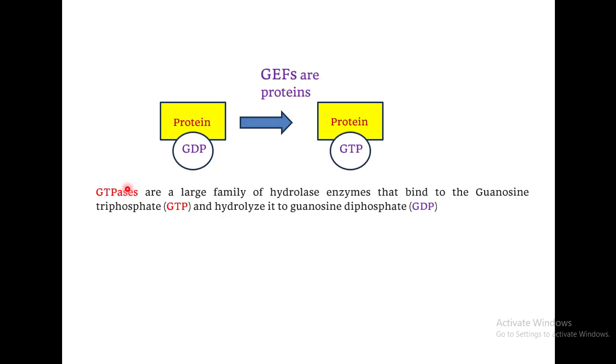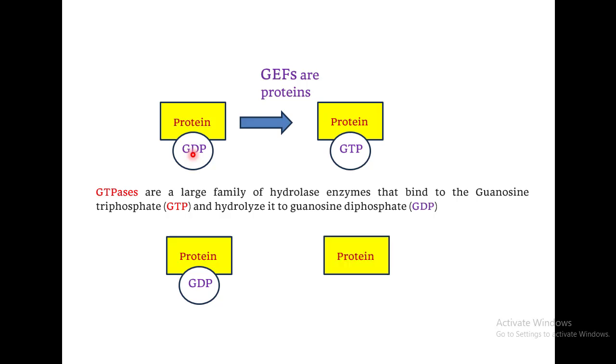So these GTPases are a large family of hydrolase enzymes that have the ability to hydrolyze the GTP attached to them into GDP. What that means is that the GTPases can bind to GDP, but they can also bind to GTP.